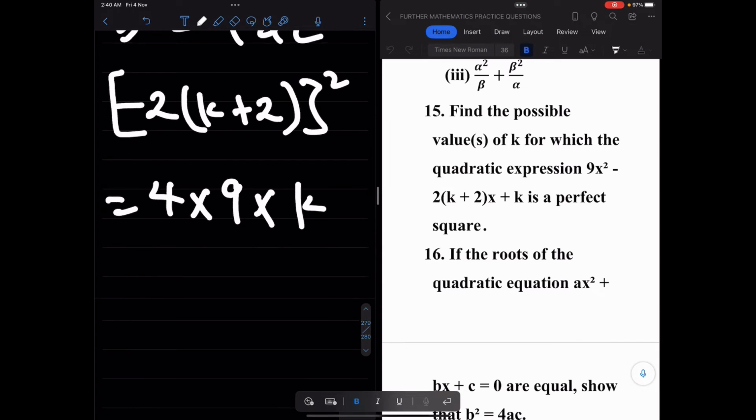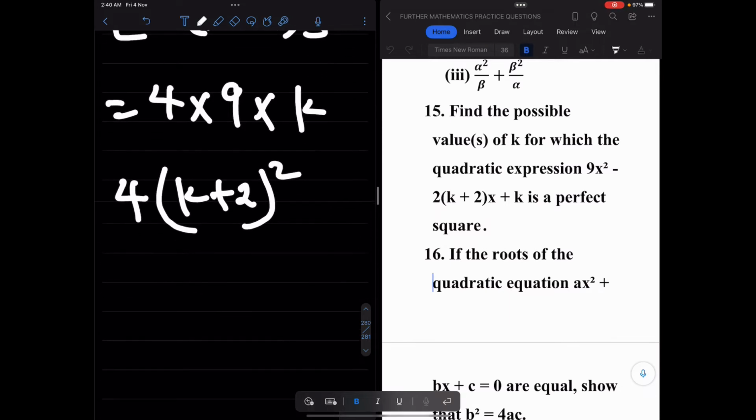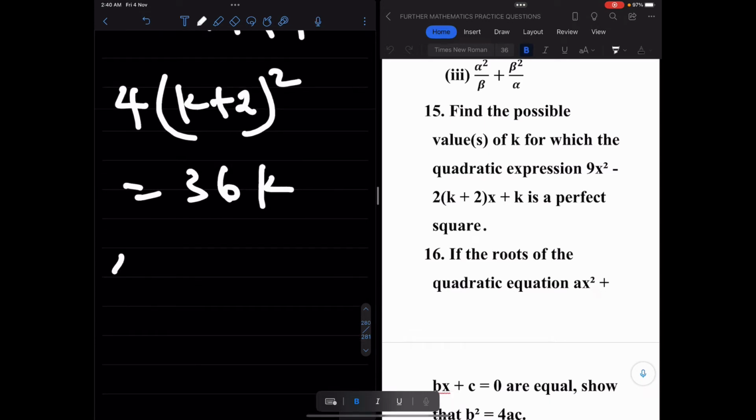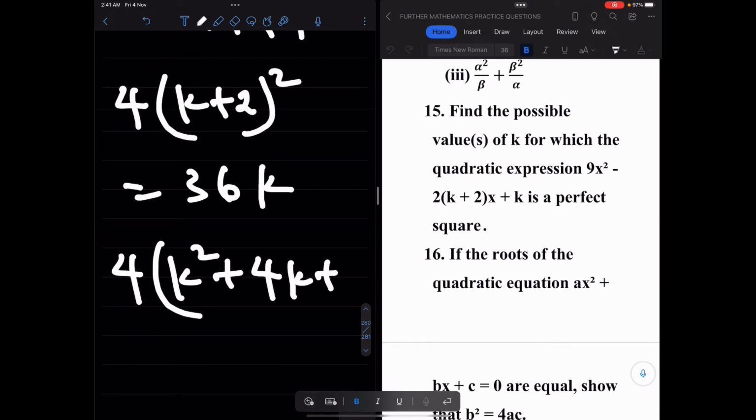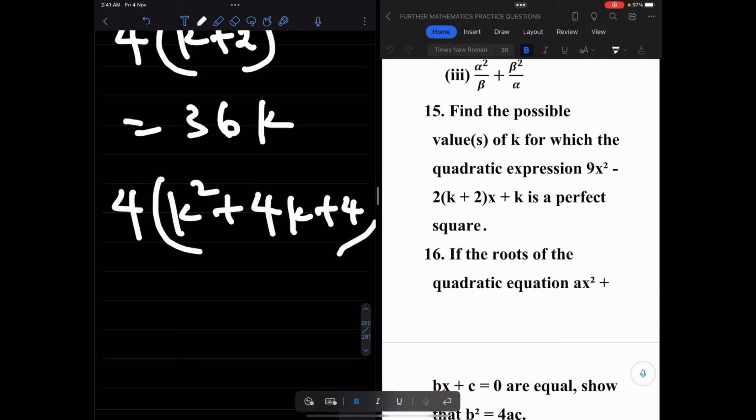When you square the whole of these, you get minus 2 squared is 4 times the square of k plus 2, and that's equal to 36k. So 4 into bracket the square of k plus 2 is the same as k squared plus 4k plus 4.